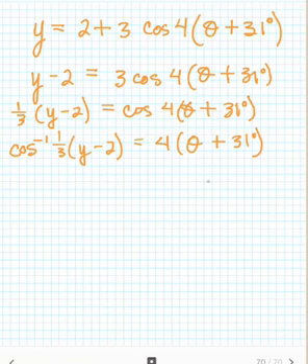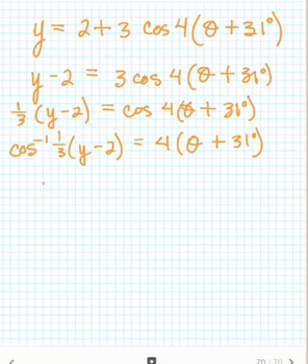When you do inverse functions, you get what's in the argument back out. What can I do with this any further to simplify? I don't know that I'm going to do anything more with this right now.